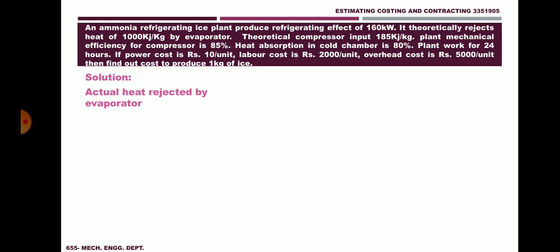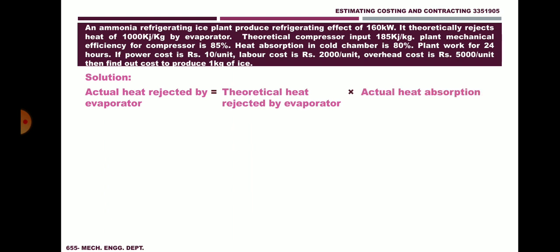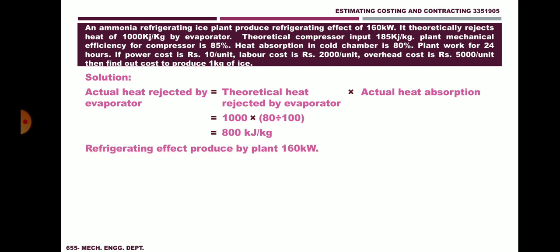So starting with the solution, actual heat rejected by the evaporator equals theoretical heat rejected by the evaporator into actual heat absorbed. The theoretical heat rejected by the evaporator is 1000 kilojoule per kg, and the actual heat absorption in the cold chamber is 80%. So it is equal to 800 kilojoule per kg. Now, the refrigerating effect produced by the plant is 160 kilowatt.